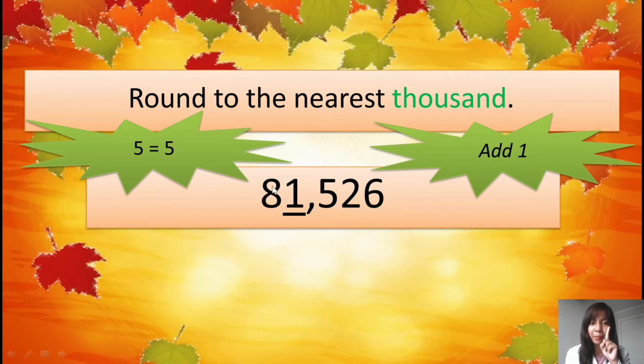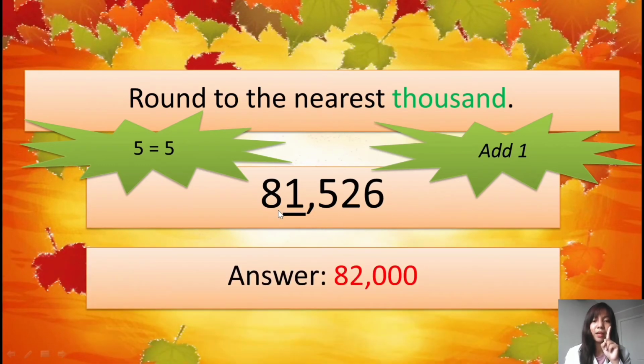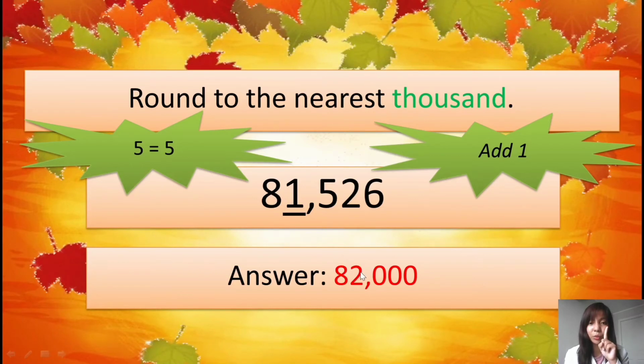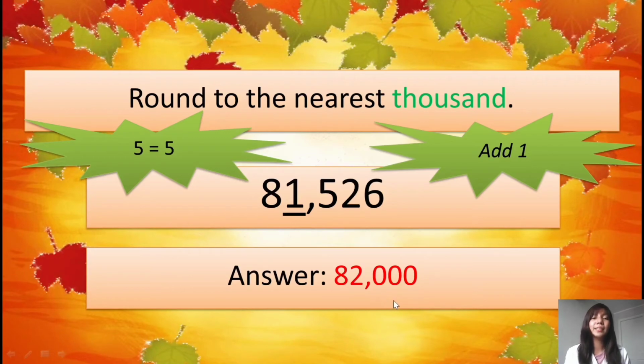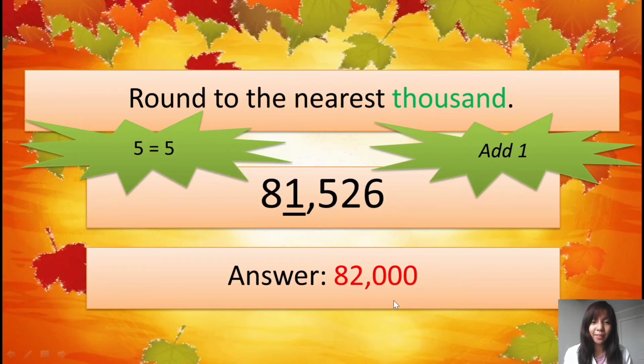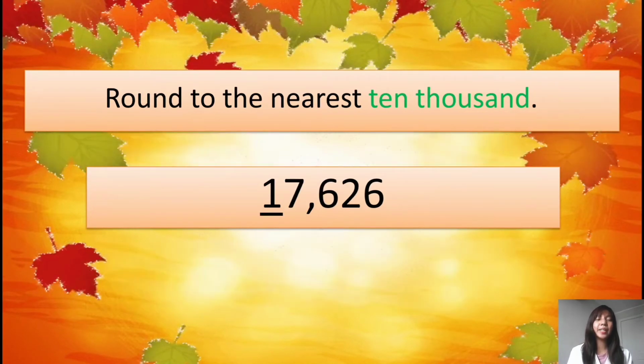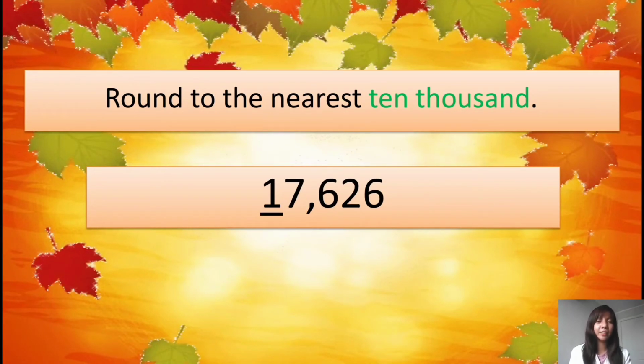So copy the number here. Okay, 8, and then from 1 becomes 2, and then all the digits behind become 0. Alright? So our answer is 82,000.